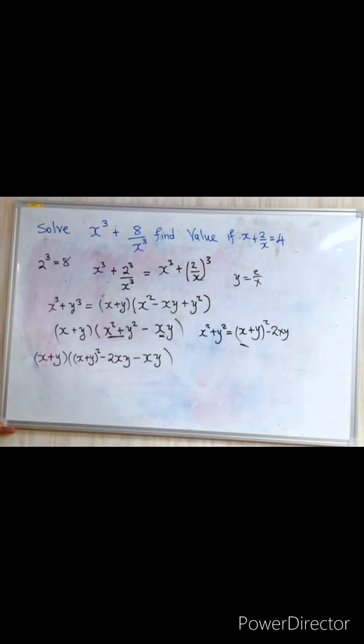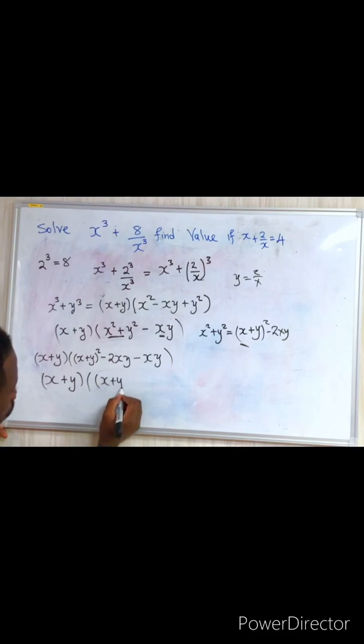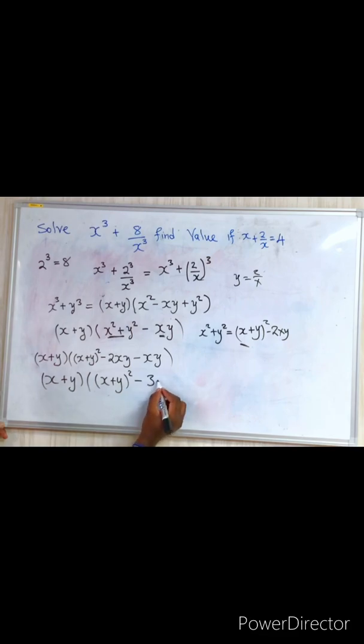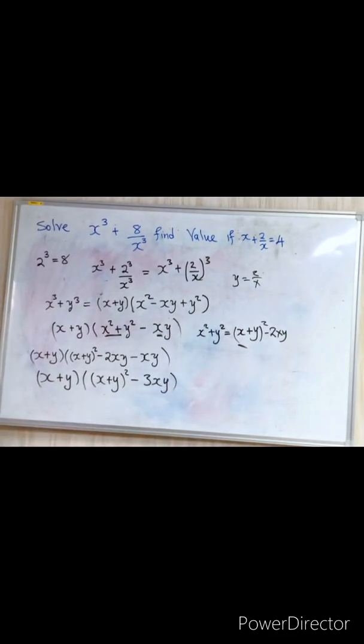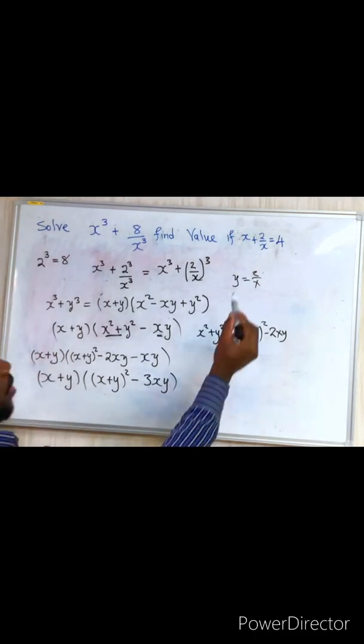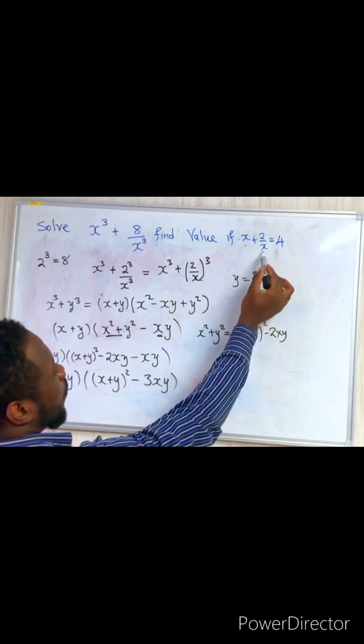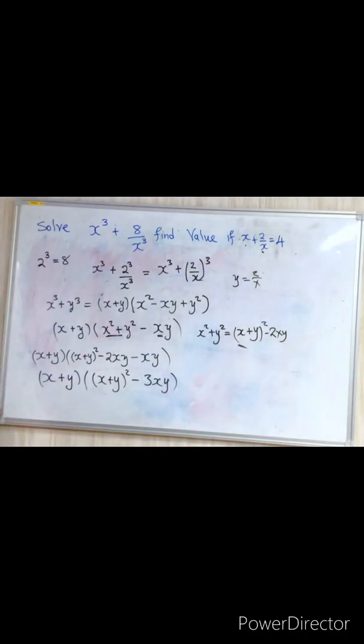Okay, so we rewrite the equation again. What we have is x plus y multiplied by x plus y squared minus 3xy. So when we reach here, we start replacing this one as our x, then our y, which we said was 2 over x.